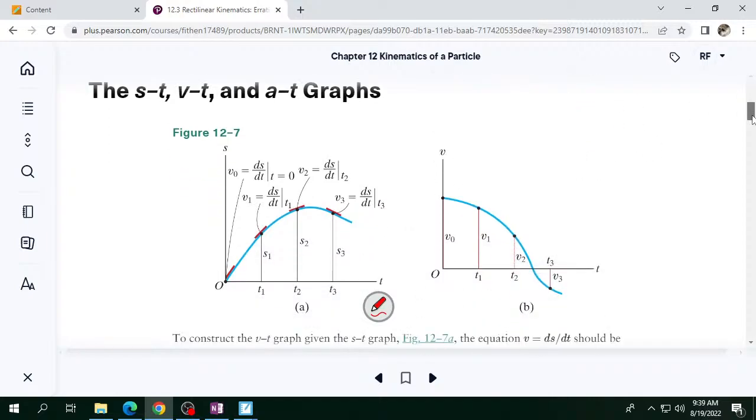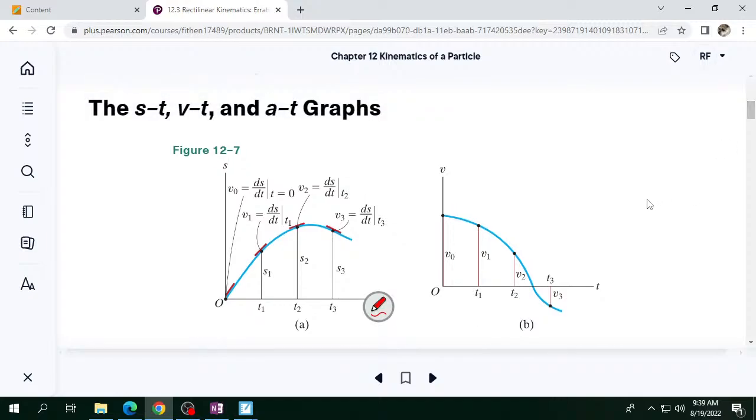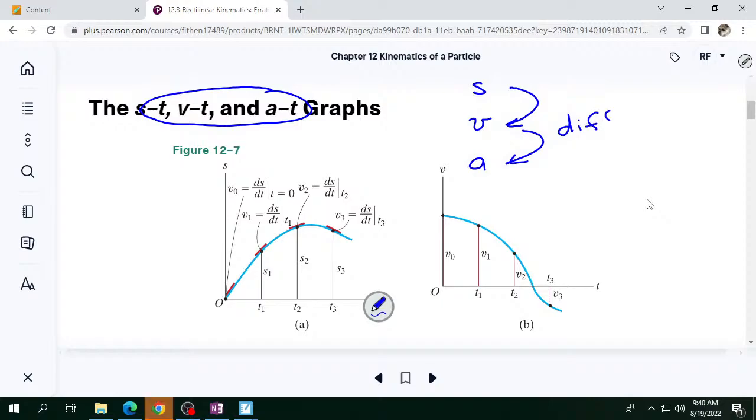So in erratic motion, it's essentially looking at the plot. And you kind of already know a lot of this. So really, you could combine all this concept together. You start at S, if you want to get to V, and then you want to get to A, then what do you do? Well, if I'm moving this way, then I'm taking a differentiation.